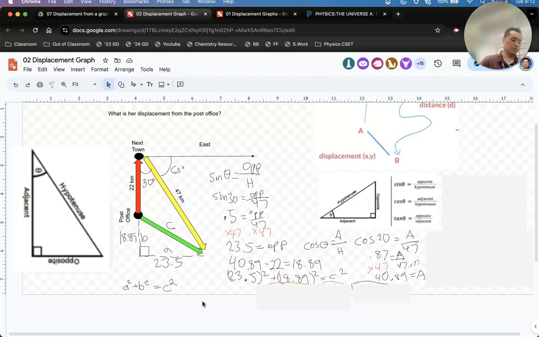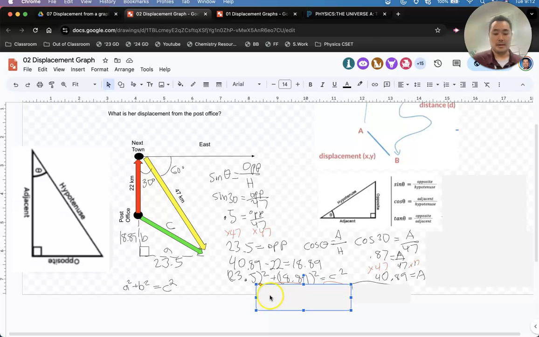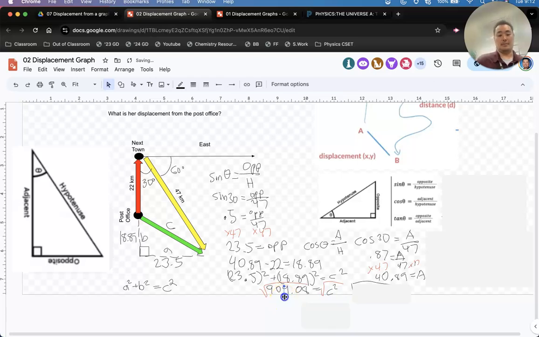For this, you should be able to put it all in your calculator from left to right. And we want to find the square root of that, because it's C squared.